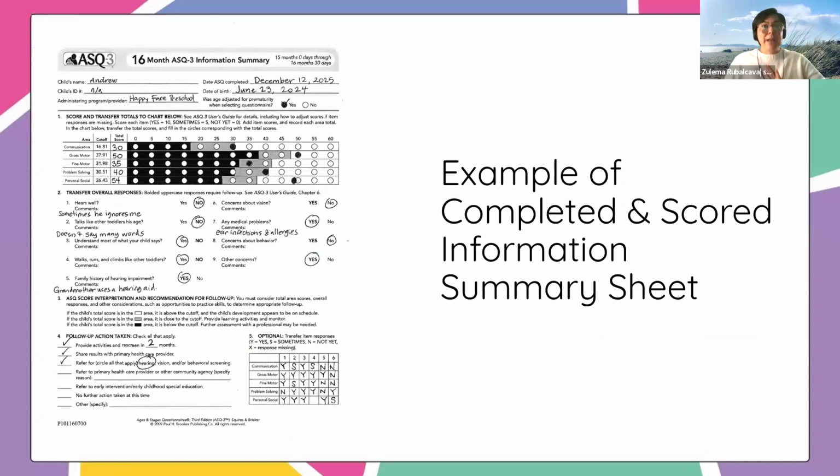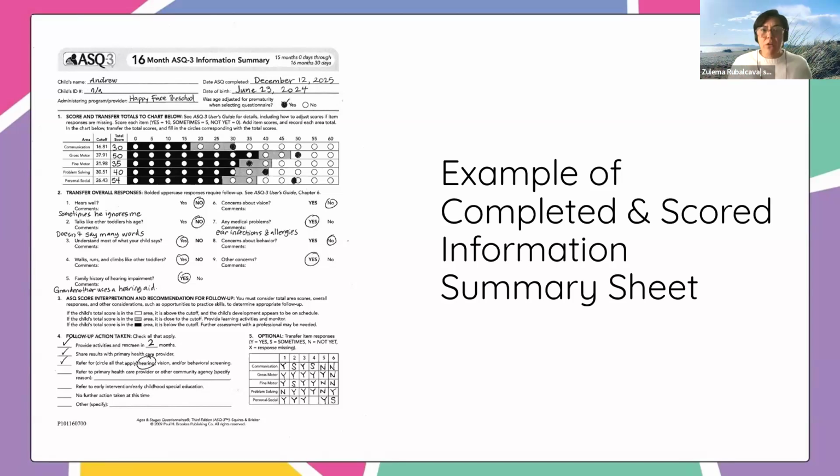Okay. So this is an example of what a completed and scored information summary sheet would look like, right? Once we've gotten the questionnaire completed with families and we've scored it, then we start to see really the work. This is where the work starts, right? So now we have all this information. Now we have to collate it with other things, and we start to come up with recommendations, right?